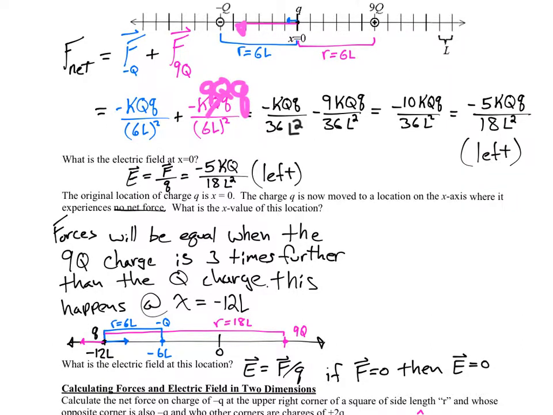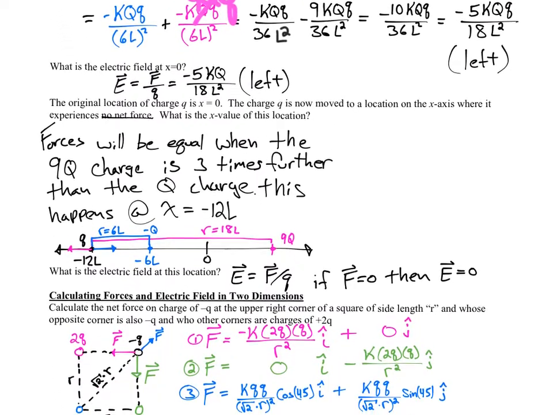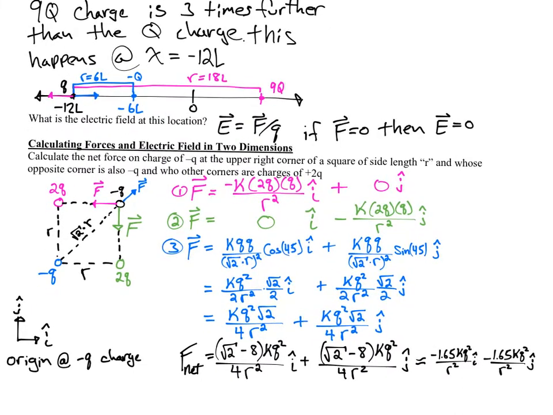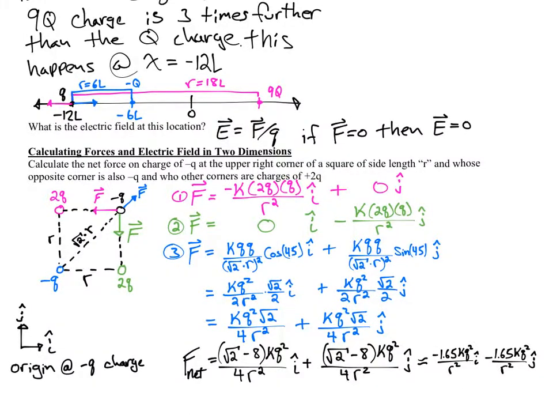We got one more problem at the bottom here that we look at. So down here, we've got a square arrangement of charges. We're calculating the net force on a charge of -q, which is at the top right corner of a square.